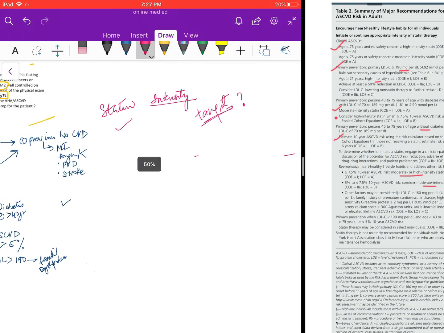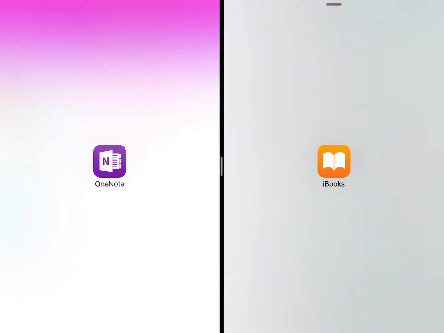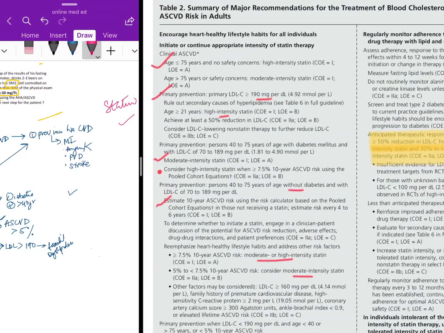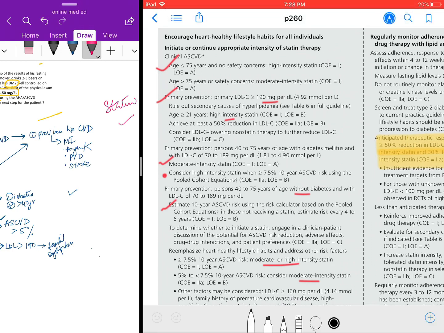Now, the first group is, again, people you're using statins for secondary prevention. That is, people who've actually had CVD before, and they should be started on high intensity statins unless they have any safety concerns or if they're older than 75 years of age.